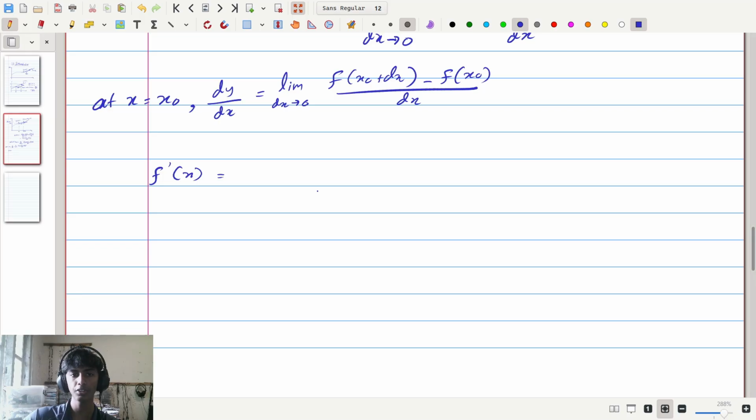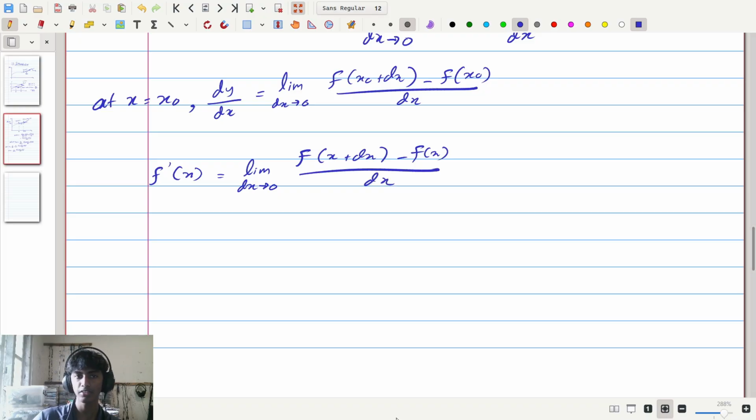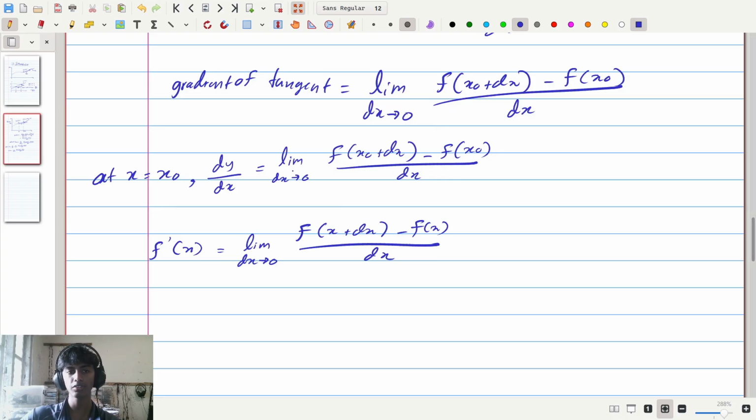So therefore this is going to be equal to the limit as dx approaches 0 of f of x plus dx minus f of x divided by dx. This is a different approach to representing the same exact thing. Over here on top we are saying at a specific value of x, dy by dx is this. Over here we are instead saying there's some function f dash of x which gives us the rate of change of the certain function f of x at that particular point.